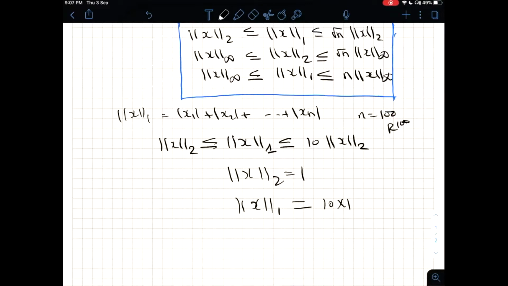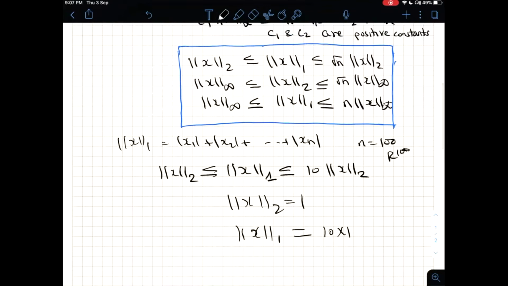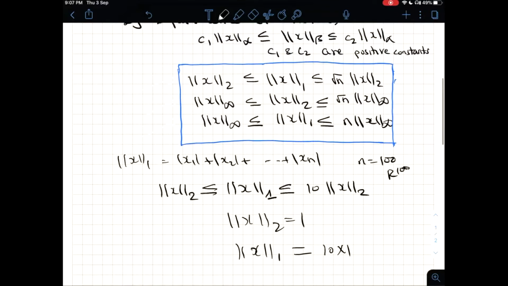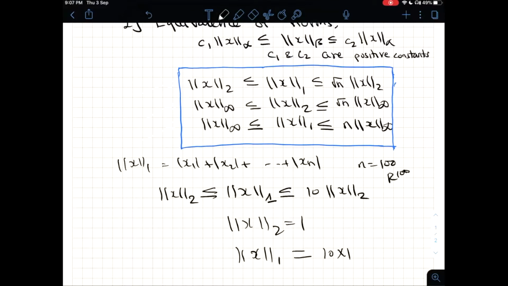So in the first norm the vector may give a length of 10, but in the second norm the vector has only a length of 1. This is what these constants imply.